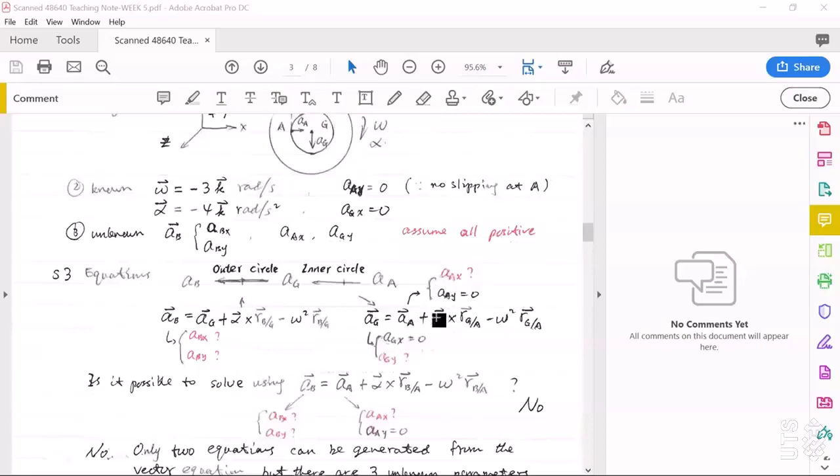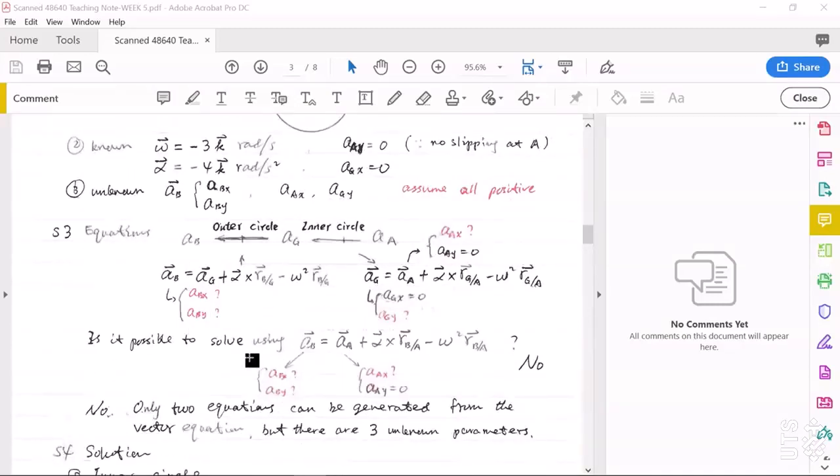Because this is a vector equation, finally we can establish 2 scalar equations with 2 unknowns, AAX and AGY. These 2 can be solved. And then we can substitute this AGY into the first equation. Then we can solve ABX and ABY.